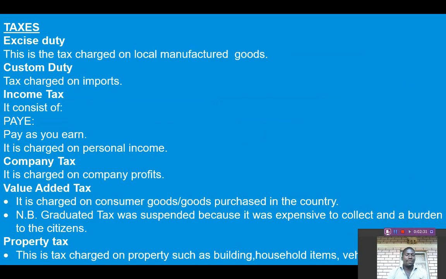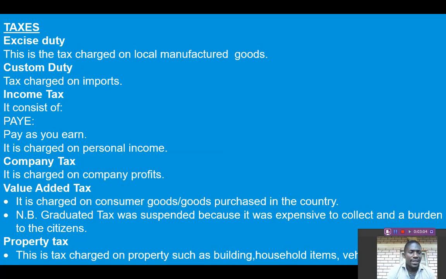Now we shall look at them one by one, and the first one is taxes. These are some of the taxes that we have here in Uganda. The first one is the excise duty. This is the tax charged on locally manufactured goods. Like if somebody is making some local brew, they are supposed to pay the excise duty.